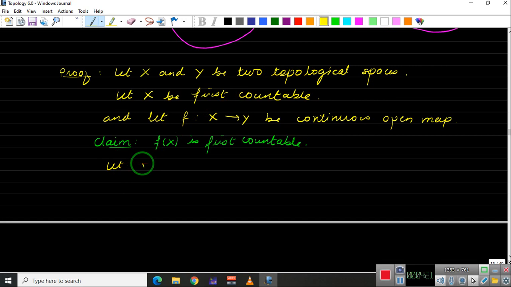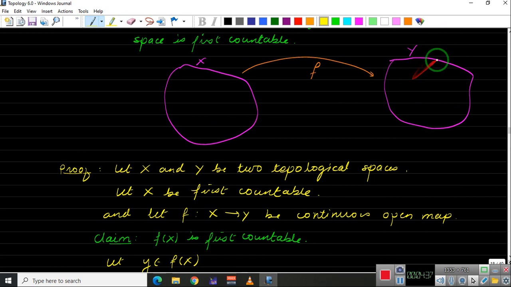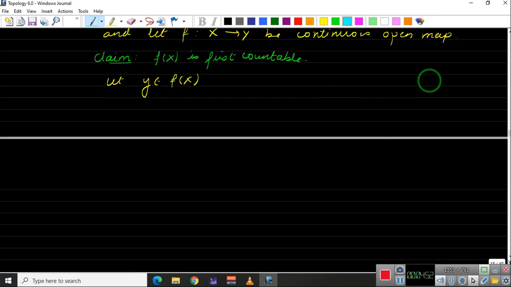Let us use y, the standard one, since it is in the codomain. So let y be in f(X). Here we have f(X); if it is surjective, it will be the whole of Y. So this is our f(X), and we have taken a point y in f(X).